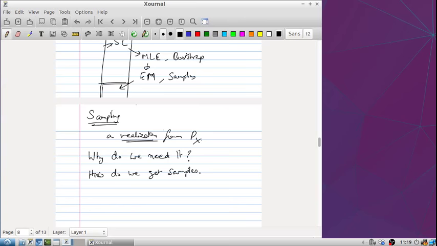So how many of you have actually seen something to do with sampling before? A lot of people. So what did you see sampling for? In which context did it arise? Econometrics. Okay, say you're looking at how education affects earnings, a huge sample.